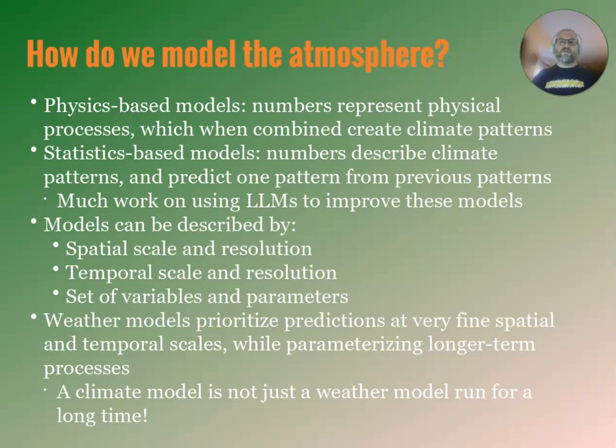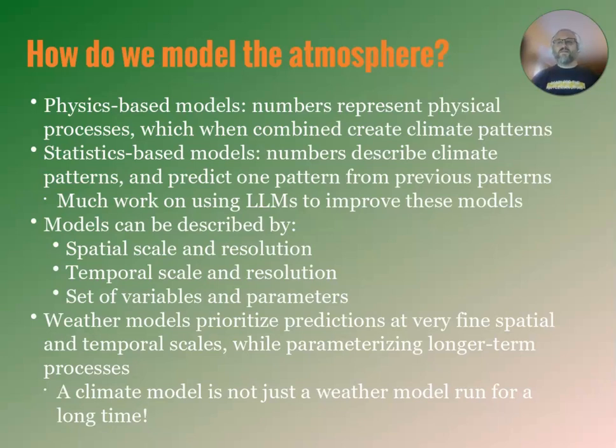But then they're also parameterizing, that is, treating things as parameters that might happen over larger scales of space and time that are going to be very important in a climate model context. So, for example, weather models tend to parameterize the concentration of greenhouse gases in the atmosphere.